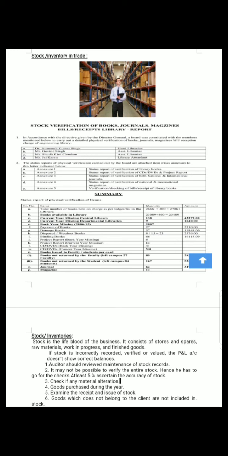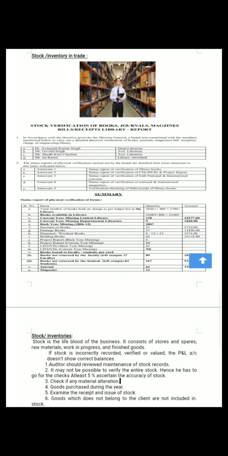And next, fourth, we have the goods which are purchased during the year. It is also important that the auditor verifies goods purchased during the year, that is, the stock for sale at the warehouse and the stock with customers for approval. That should be included in the stock also.